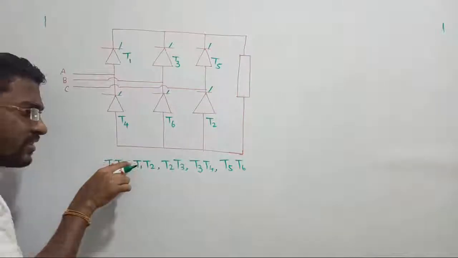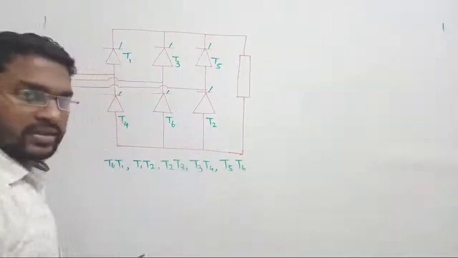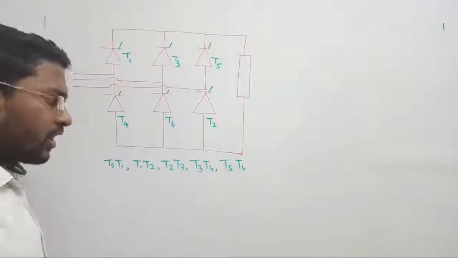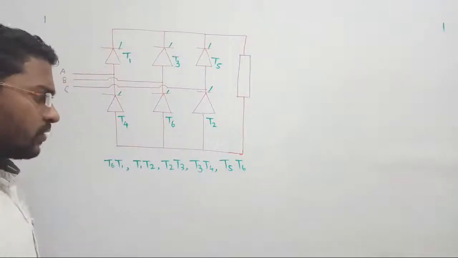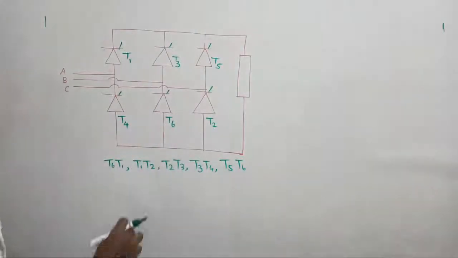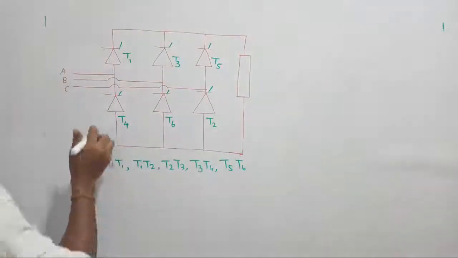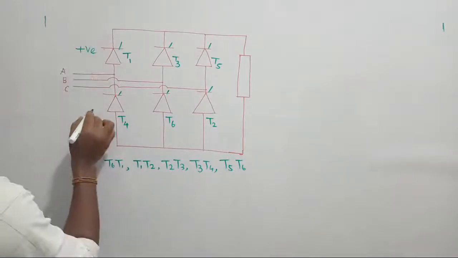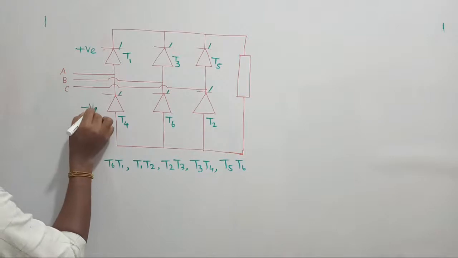To get this type of switching sequence, I need successive, consecutive switching, so we go with this type of arrangement. The upper legs always deal with the positive voltage, and the lower legs deal with the negative voltage.